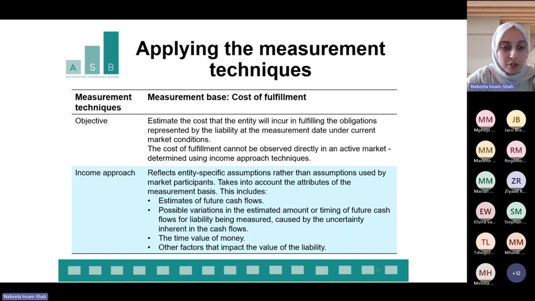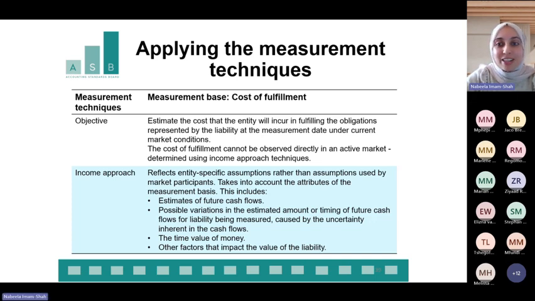Now, the income approach technique reflects entity-specific assumptions rather than assumptions used by market participants. It takes into account the attributes of the measurement basis. This includes the estimates of future cash flows, possible variations in the estimated amount or timing of future cash flows. It also includes the time value of money and other factors that impact the value of the liability.